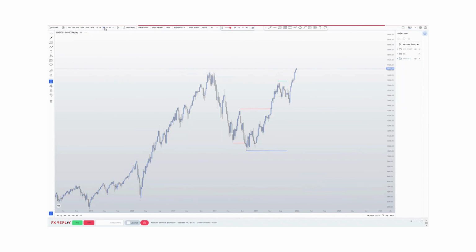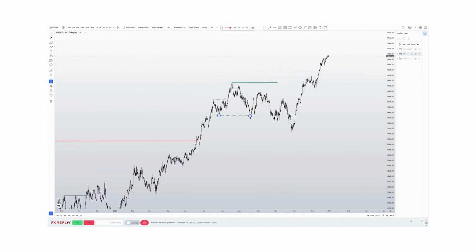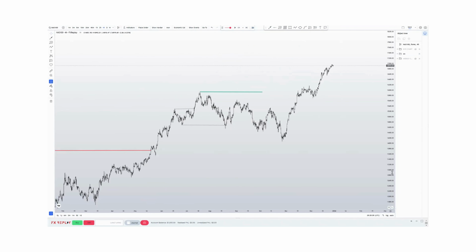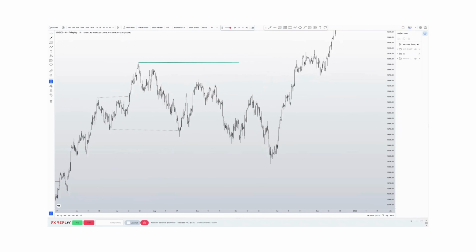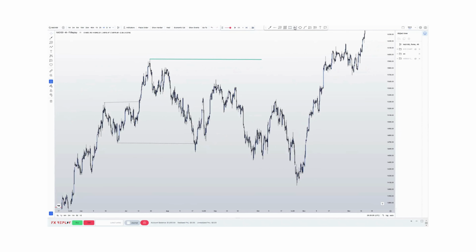In the H4, the H4 showed that it was pulling back by having this bearish break of structure. We had higher highs, higher lows, higher highs, higher lows, higher highs, and then we had the formation of a lower low.